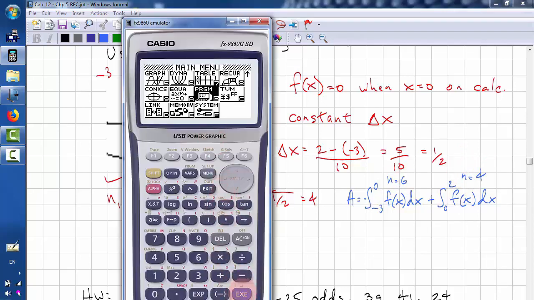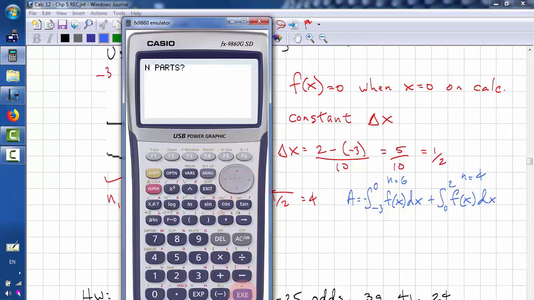So we go to our program, and we run our program. And we say 6 parts, and our left end is -3, and our right end is 0.